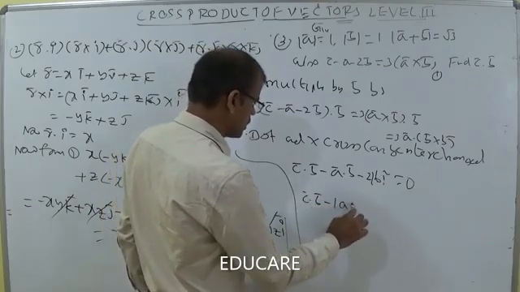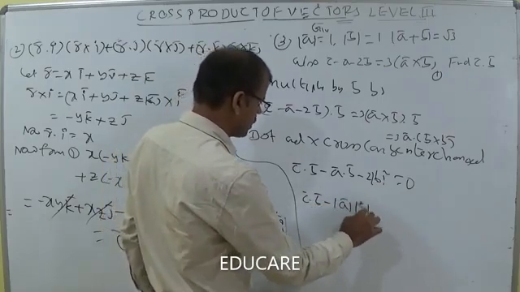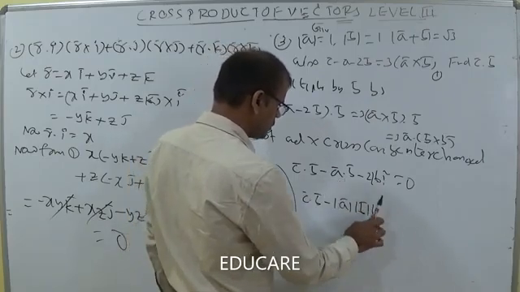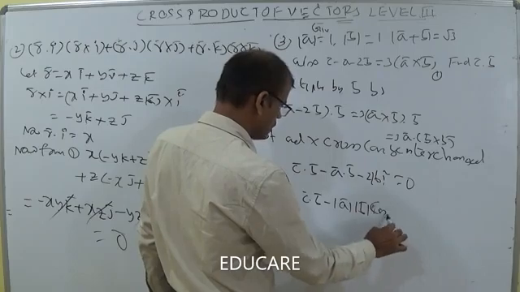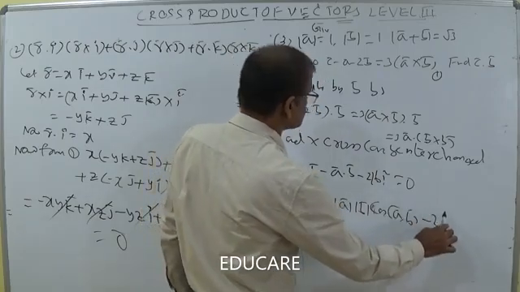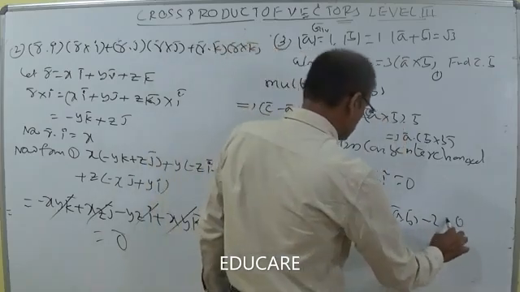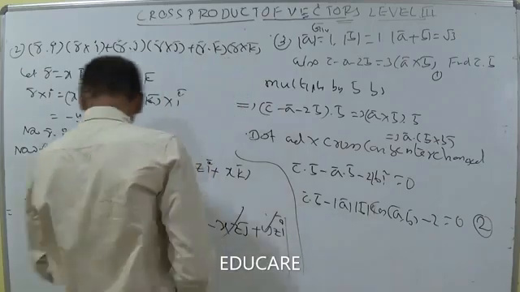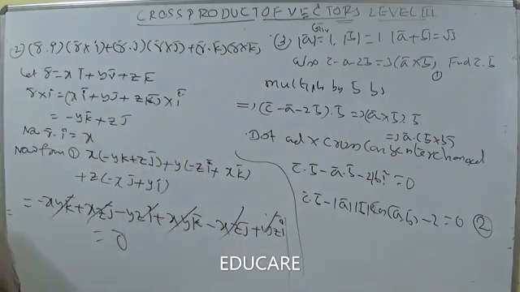Now the a bar dot b bar formula: mod a into mod b into cos of a comma b, minus 2 magnitude 1 equal to 0. Let it be the second equation.